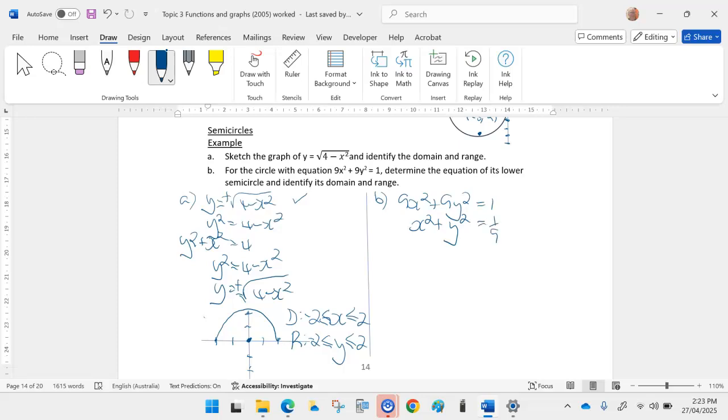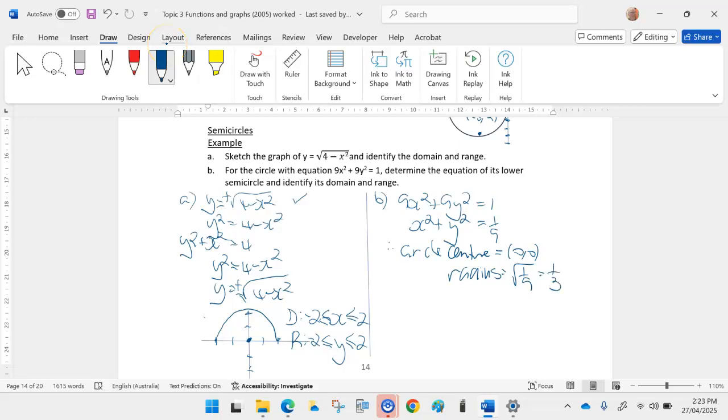Now we can see it's got a center of 0, 0, it being a circle, with a radius equal to the square root of 1/9, which is 1/3.